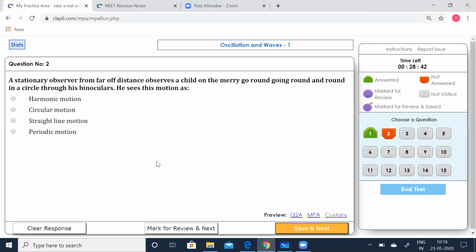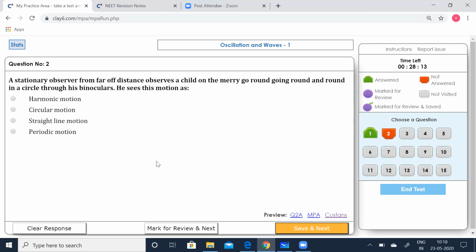Now, you can infer from the question that the observer sees the motion in a horizontal plane, that is, he is viewing from a distance, right? He sees the child going back and forth. So the merry-go-round, even though it seems to be a circular motion, for the observer is more like a to and fro motion at a constant speed.